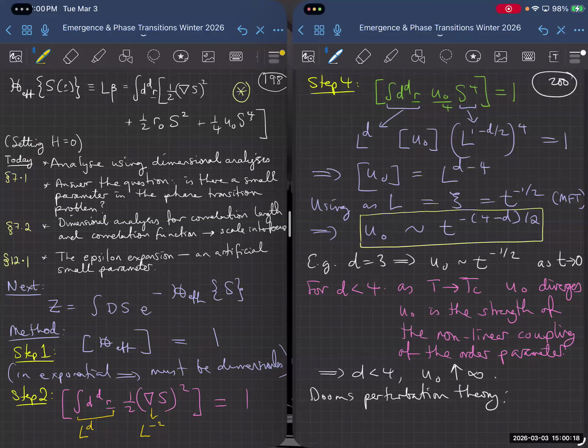Well, you might say that if we look at the terms a half grad s squared plus 1/2 r naught s squared, that is just a free field theory. You can diagonalize that and compute the partition function exactly. So this could be your unperturbed Hamiltonian.